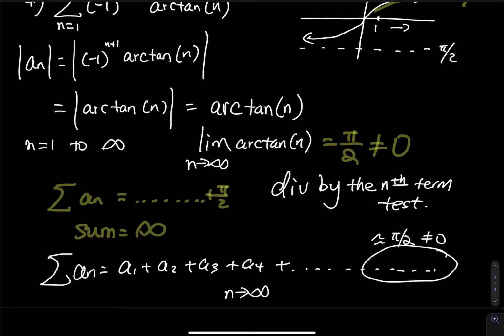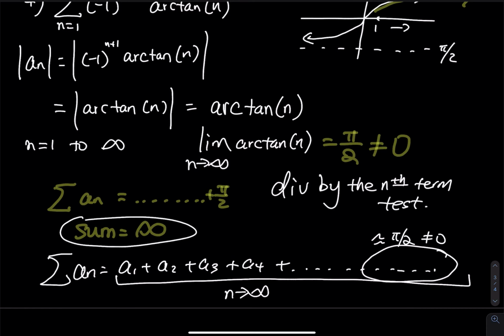As you approach the end, you are still adding some serious value to the sum, numbers that are not close to 0. That makes the sum really big, so the sum is equal to infinity. Since the sum is so big, we say the series is divergent. That's the conclusion: the given series is divergent by the nth term test.